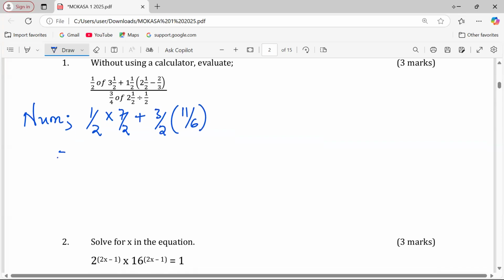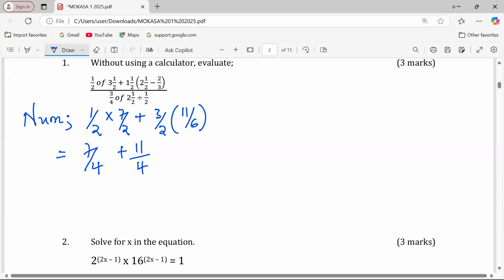Then in the next step, we will be discussing a half multiplied by 7/2, which is 7/4. Then we add 11/4.